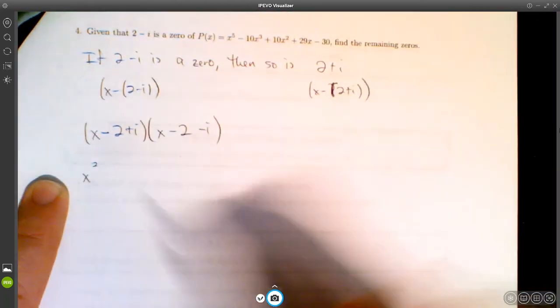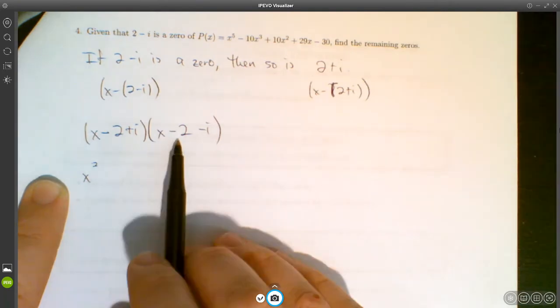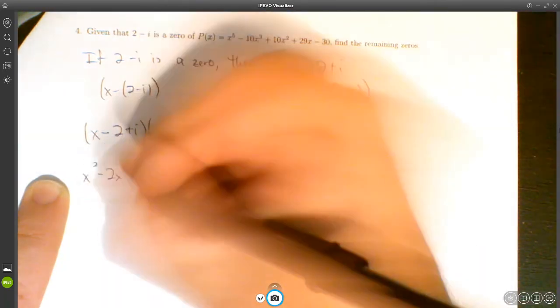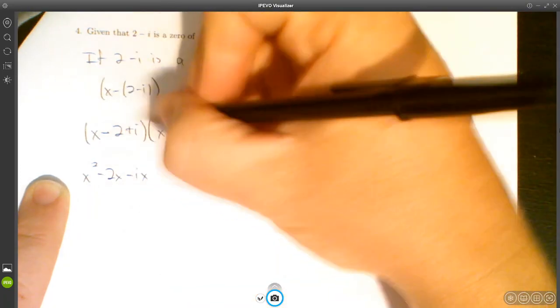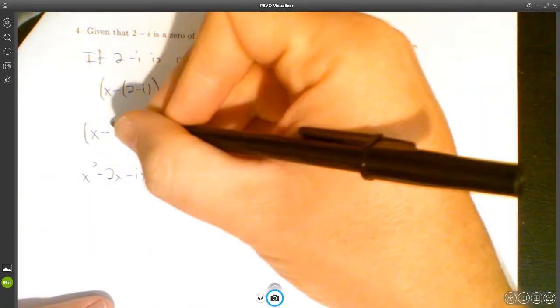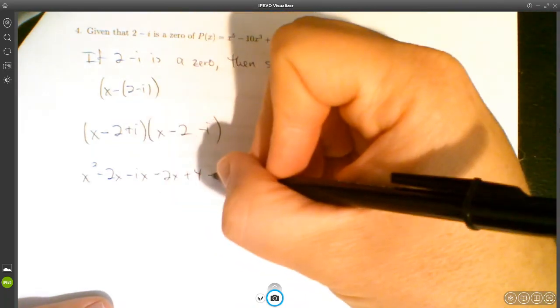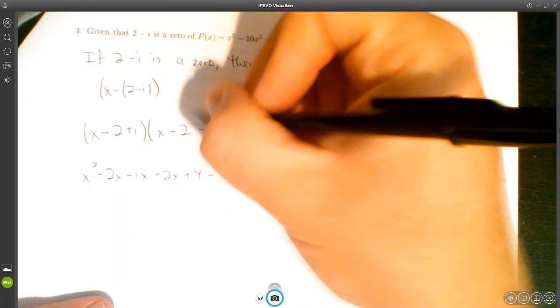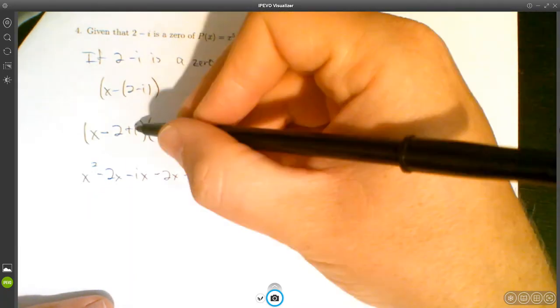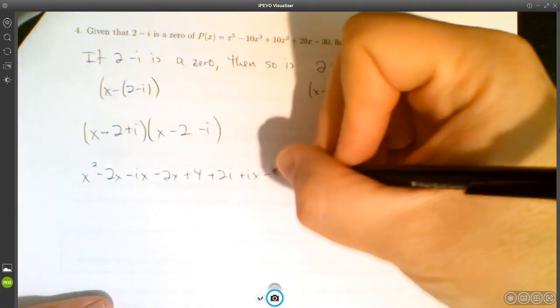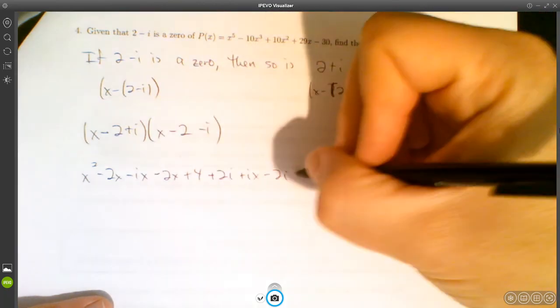We're going to get x squared minus 2x minus ix minus 2x plus 4 plus 2i, sorry, plus 2i, plus ix minus 2i minus i squared.